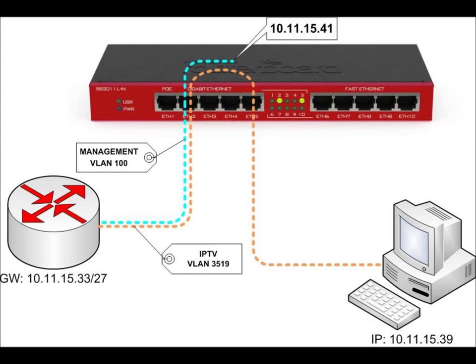Remember, port 2 is a trunk port, it must propagate all VLANs. Of course, since I don't have the management VLAN on port 5, my IP address is no longer in use.